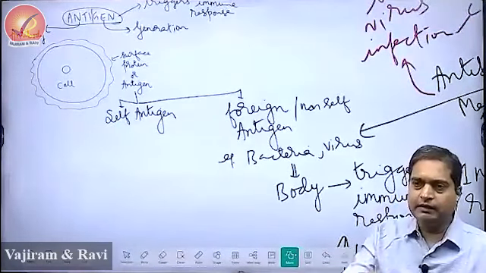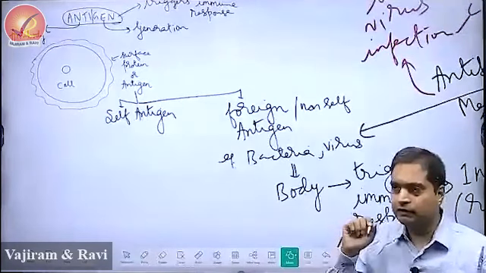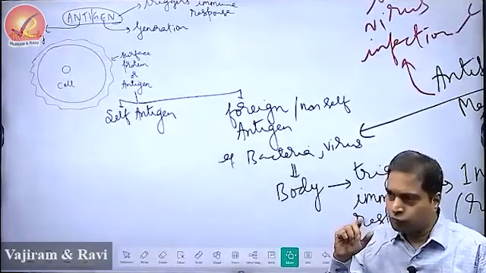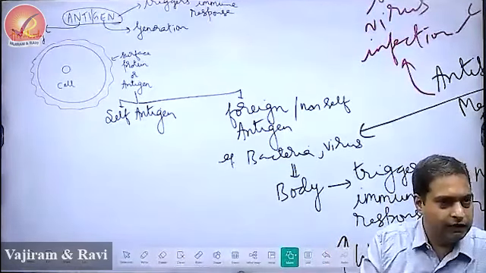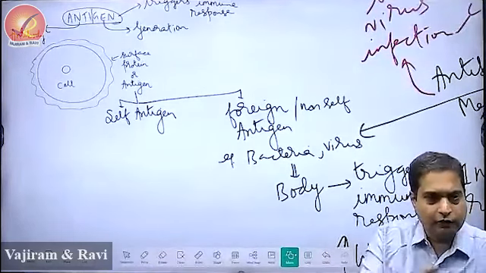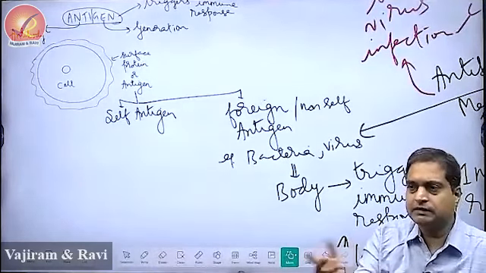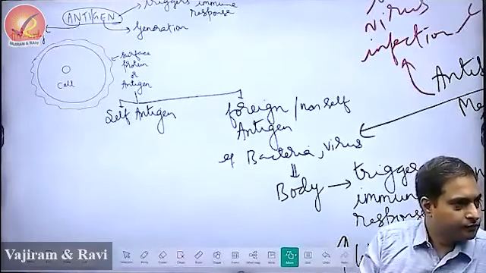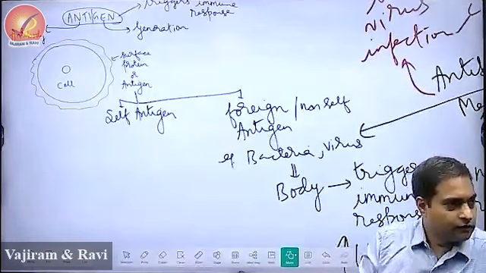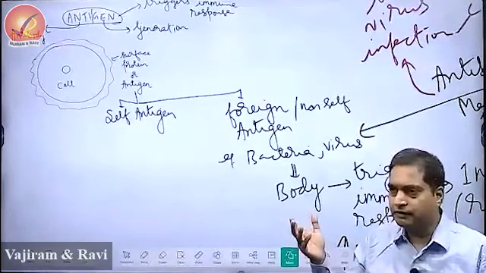And this DNA is derived from where? Both father and mother, isn't it? So there will be some similarity in your DNA, in your antigen, with your parents, and with your brothers and sisters also, derived from the same parents. So there could be similarity in antigen.